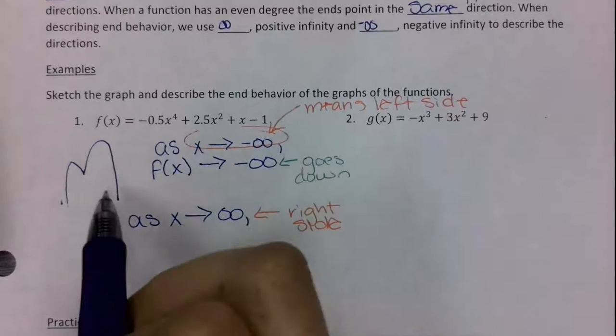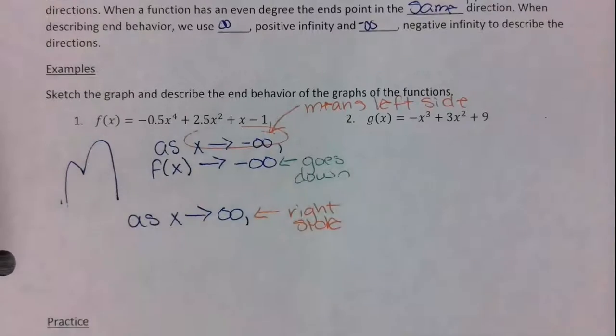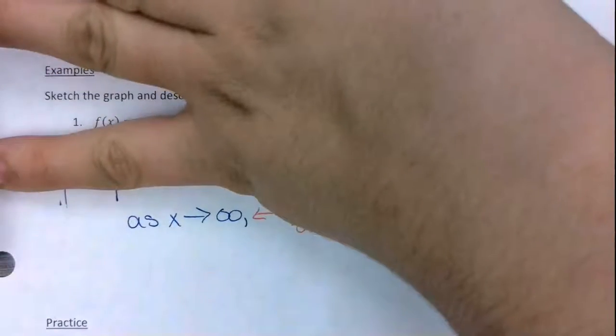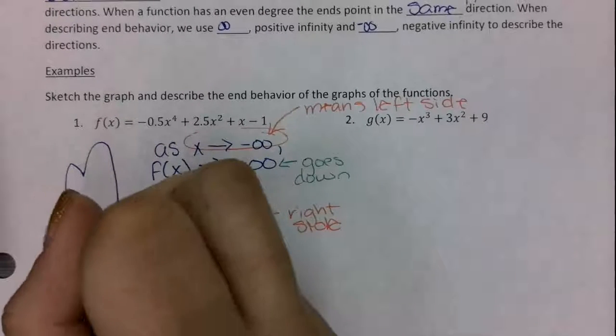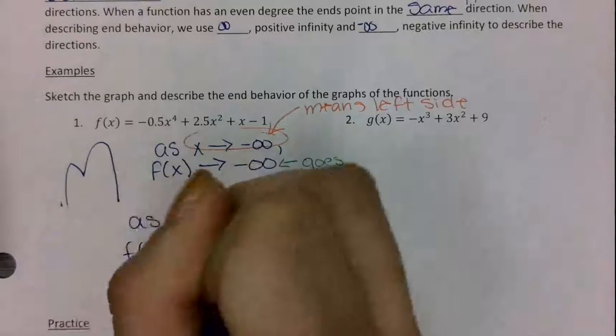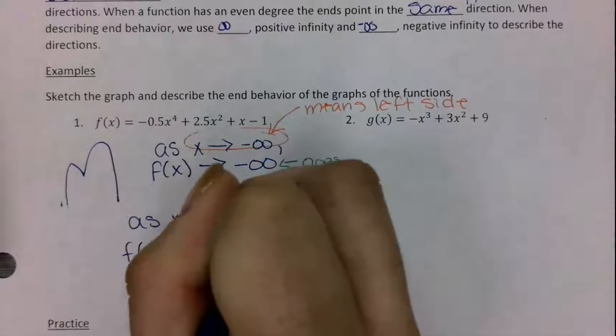I just care the more right it goes. I'm literally just looking at the bottom of it. It goes down again. So I'm going to write f of x goes to negative infinity.